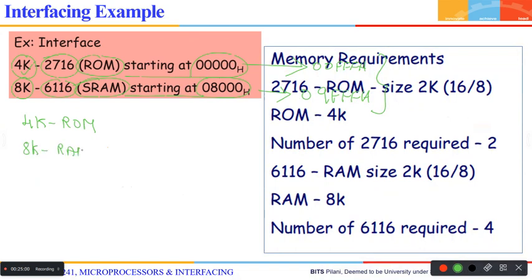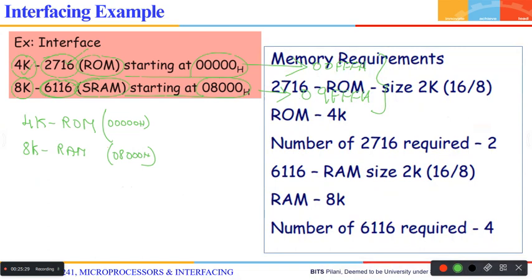The ROM is from starting address 00000H, and the RAM is from starting address 08000H. What is given to you is the 2716 memory chip, and also the 6116 memory chip.